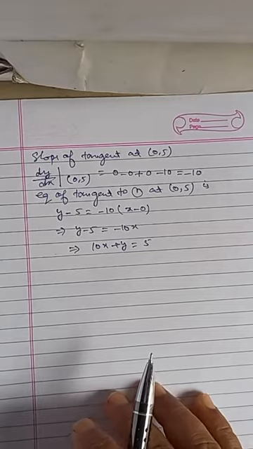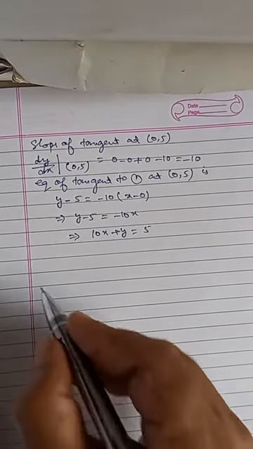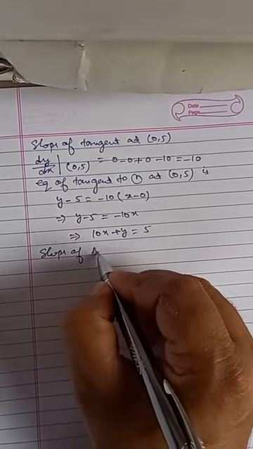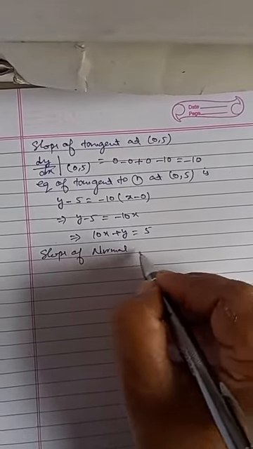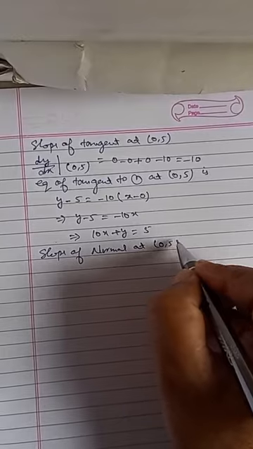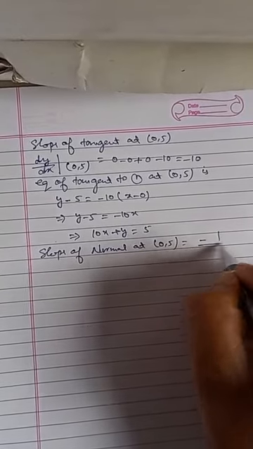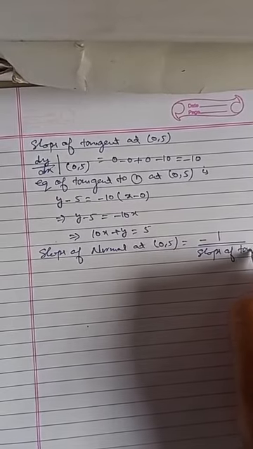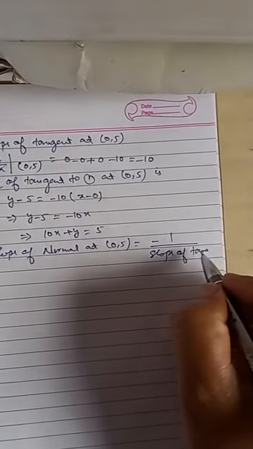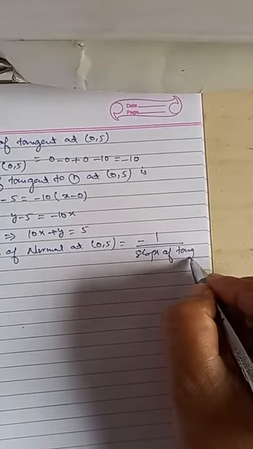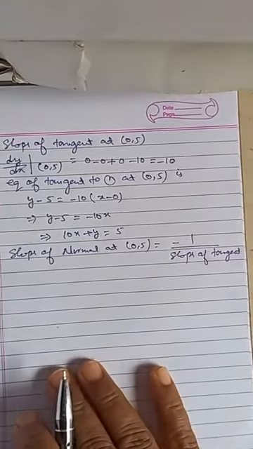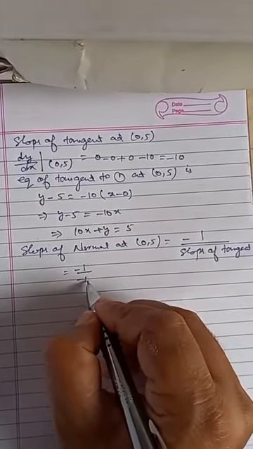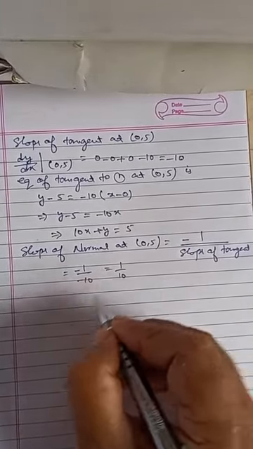Now we have to find the equation of the normal. So first we need the slope of the normal. Slope of normal at (0, 5) is minus 1 upon slope of tangent. Slope of tangent is minus 10, so it is coming out to be 1 by 10.